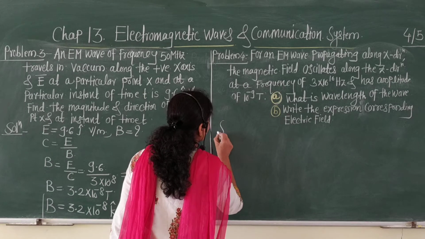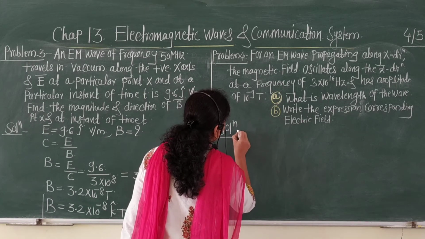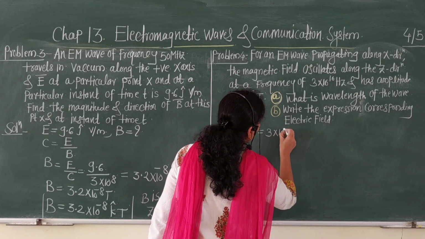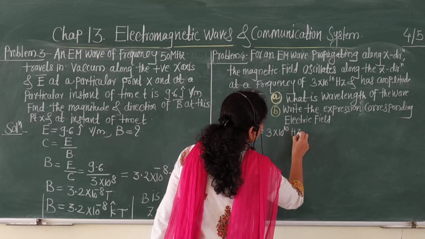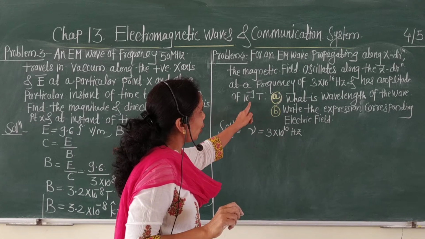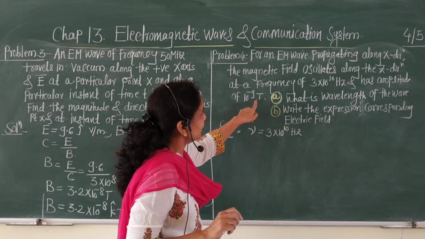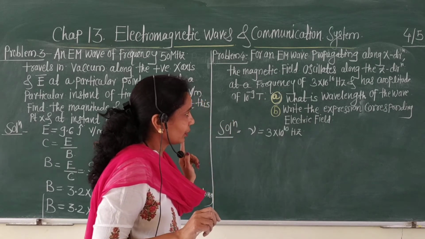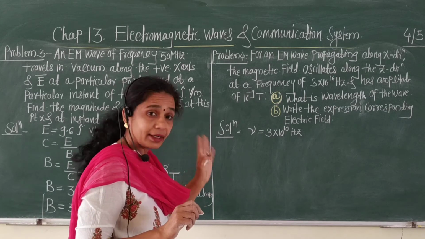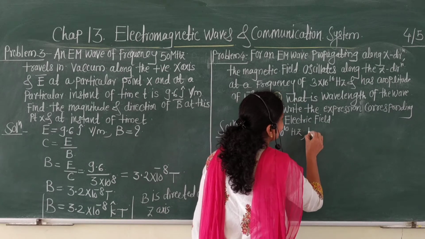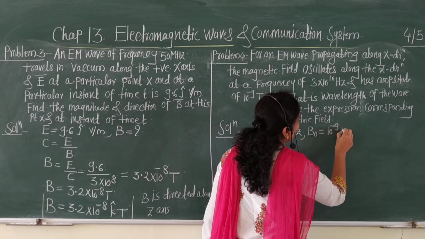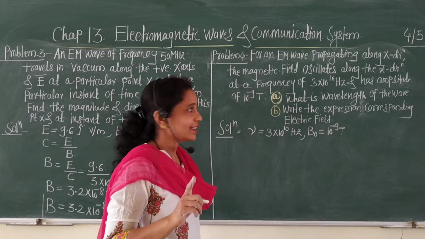Therefore, in the solution we have the given frequency of the wave, nu equal to 3 into 10 raised to 10 hertz, and it has an amplitude of 10 raised to minus 9 Tesla. What is the amplitude? The amplitude of the magnetic field is B naught equal to 10 raised to minus 9 Tesla.